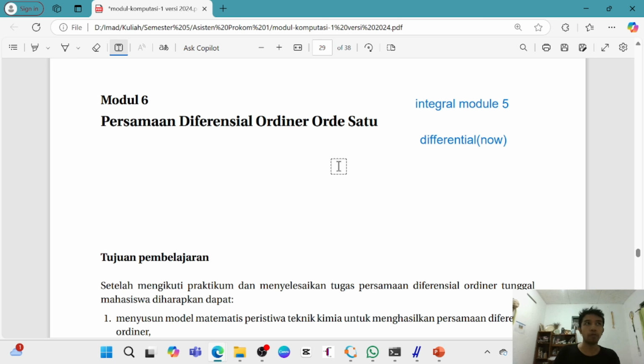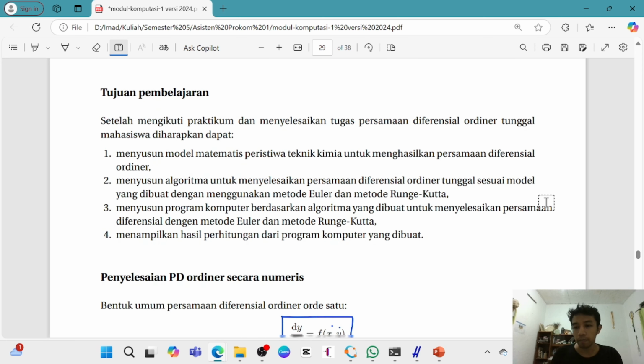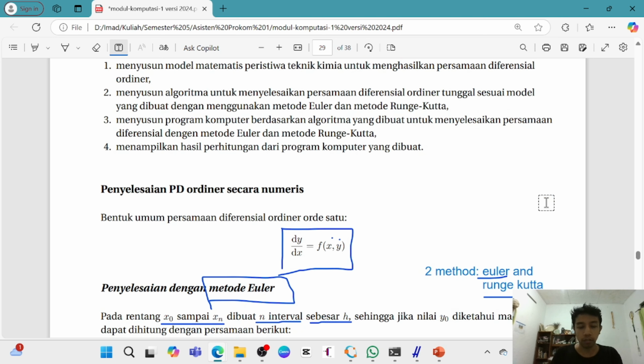The basic concept of this module is maybe quite the same as the previous module on integral, but we change a little bit, maybe just the equation. Okay, now we jump into the equation.